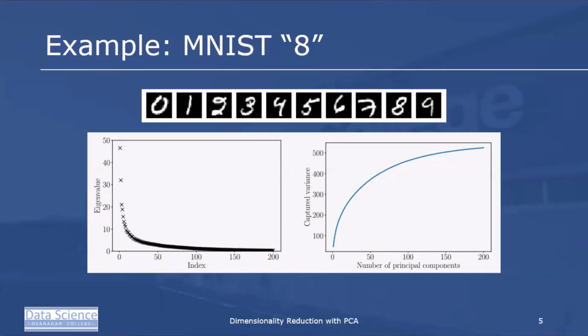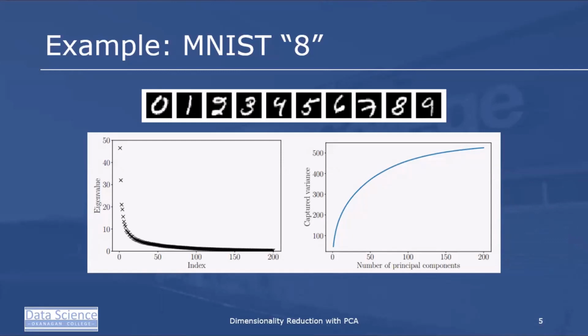In panel B, we look at the variance that's captured by those principal components that are associated with those eigenvalues. Again, we're looking at 784 dimensional space. And when we get even as few as 50, we've captured well over half of the variance, it appears.